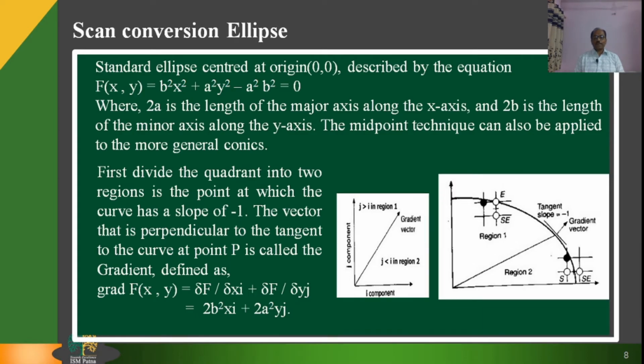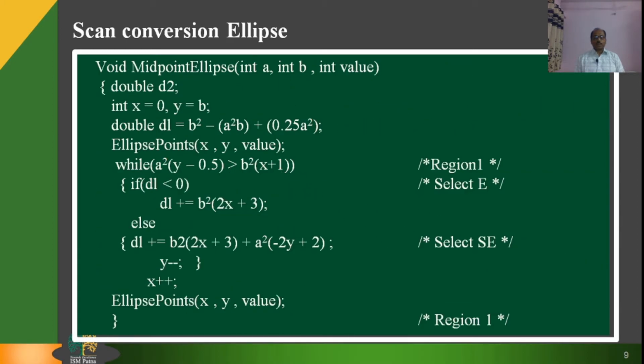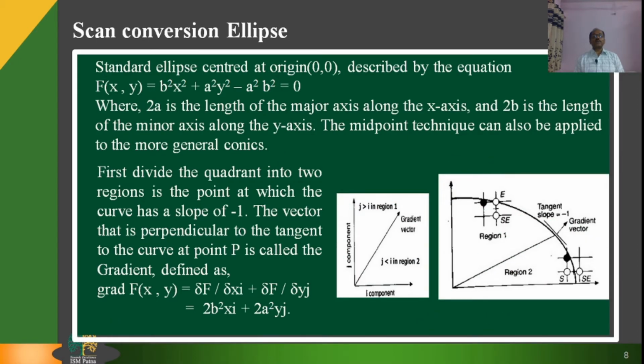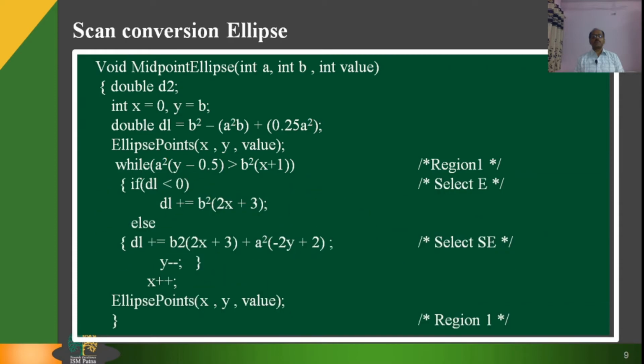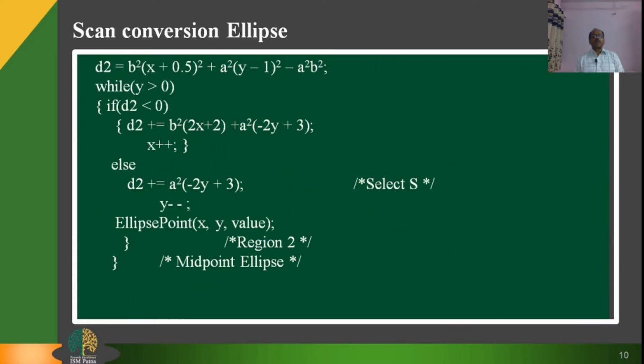Thus, if at the next midpoint a square (yp minus half) is less than or equal to b square (xp plus 1), we switch from region 1 to region 2, and by solving these equations, we complete the calculation.